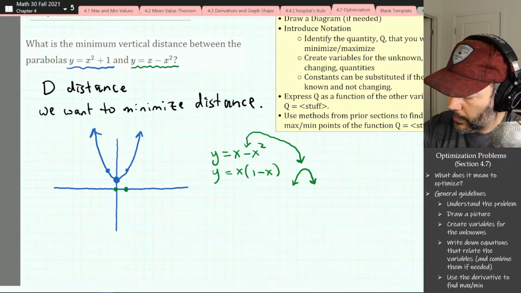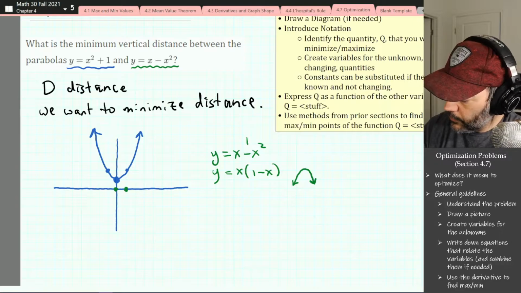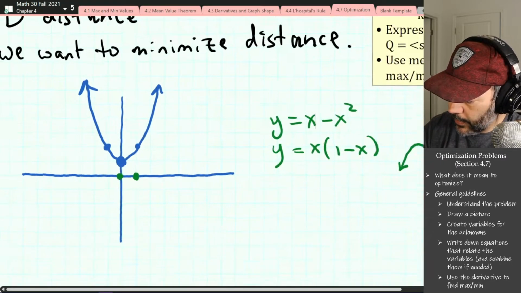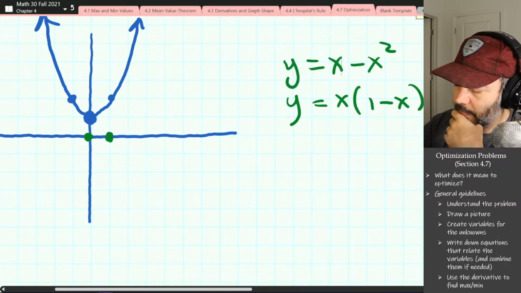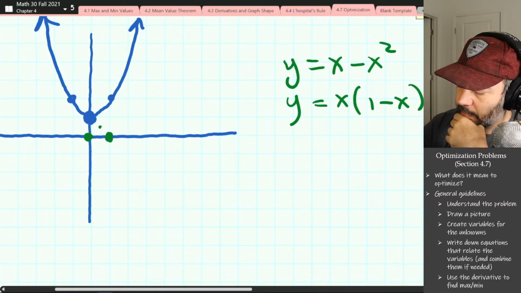I know it's shaped like that. You could figure out the vertex, but I can just tell you that the vertex is always halfway in between the x-intercepts, and it's going to be something like this.